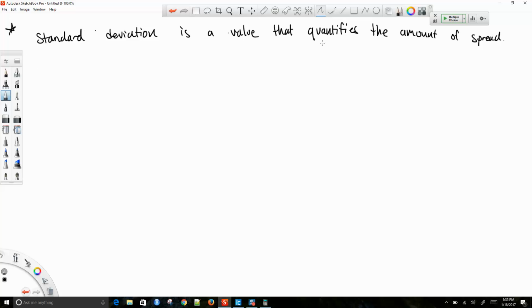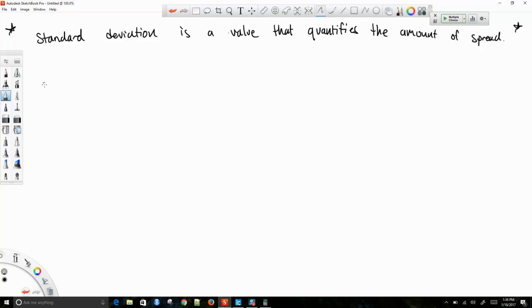Standard deviation is a value that quantifies the amount of spread. I'm going to give you some ways to calculate the standard deviation, but we don't want to lose sight that the standard deviation is just a way to quantify the amount of spread. When we define the standard deviation, it often is helpful to talk about the variance too.